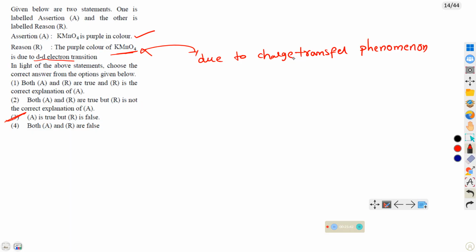The charge transfer phenomenon is LMCT, ligand to metal charge transfer.